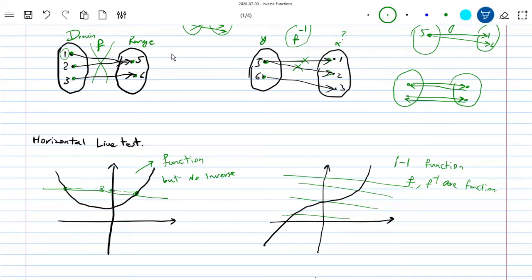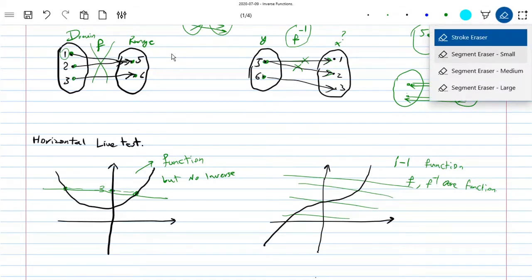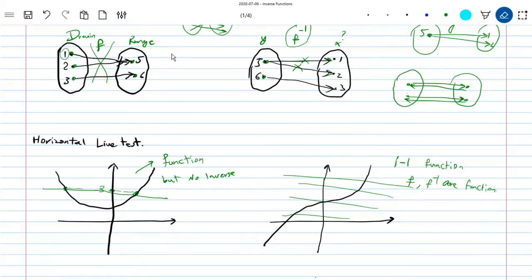If you look at the first example, sometimes you can restrict the graph to make it invertible. You can restrict the graph by saying, okay, let's cut off some pieces of the graph. Only look at this part, up to a certain section, up to here. This way, now this graph passes the horizontal line test as well.